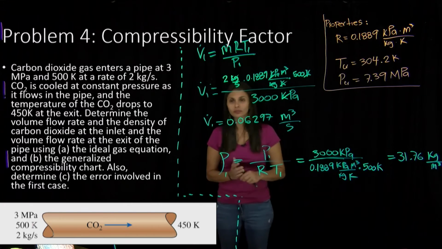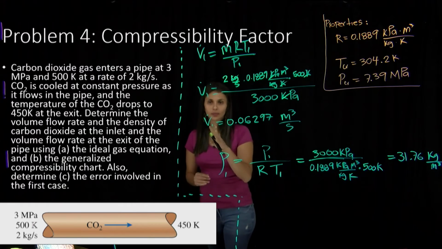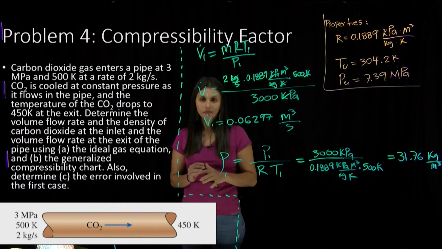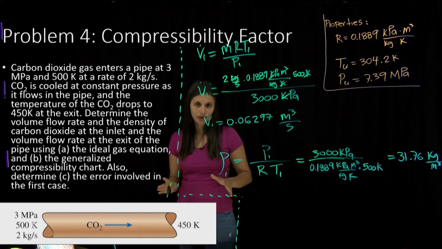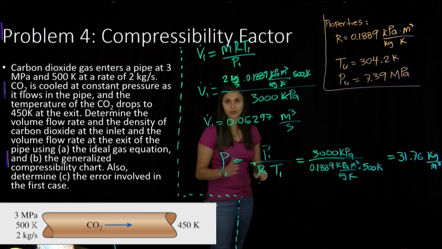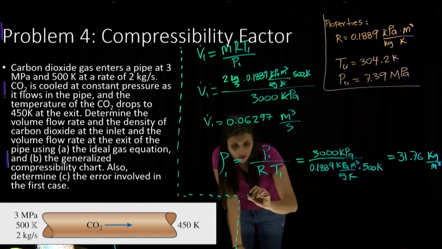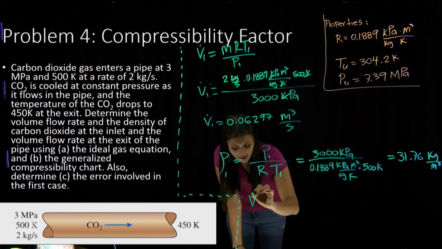Okay. And then the problem also asks for the volume flow rate at the exit of the pipe. And so it will be the same if we use the ideal gas equation.